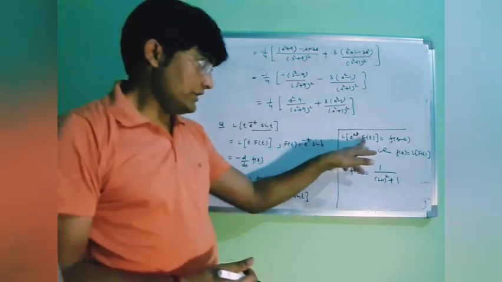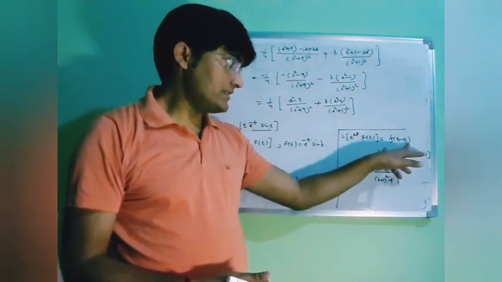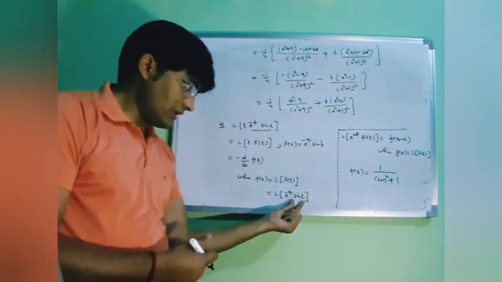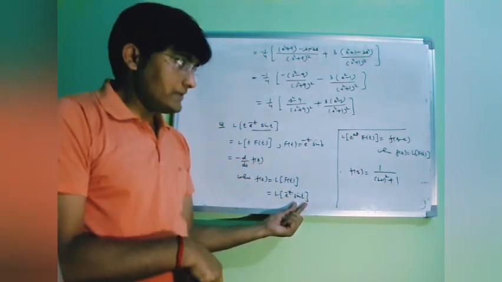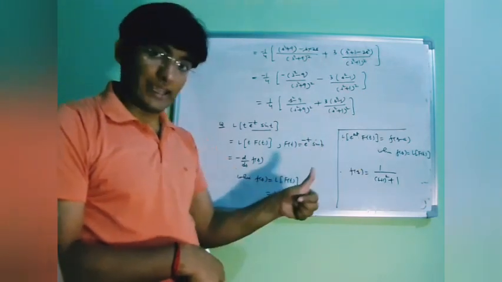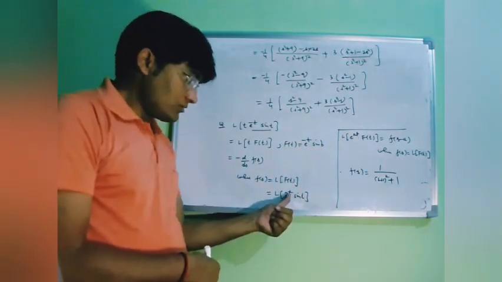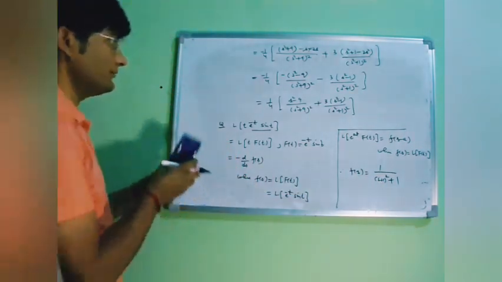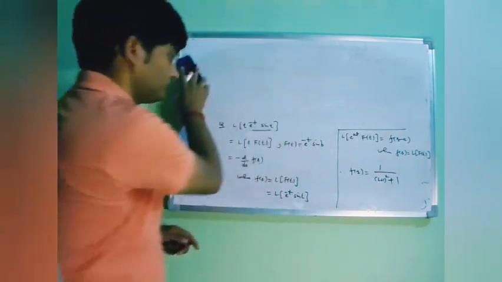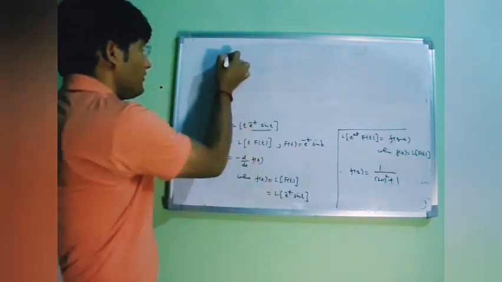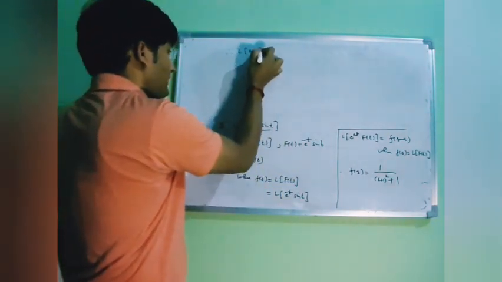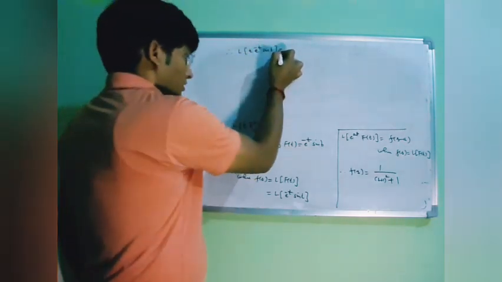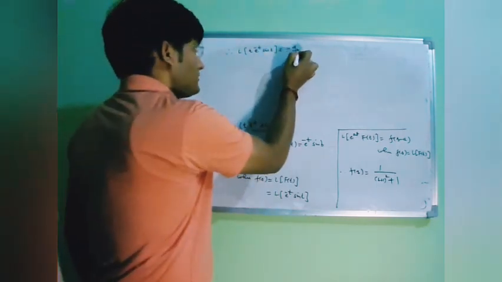Laplace of e to the power at f(t) is equal to F(s minus a). That means in the Laplace of sin t, our s will be replaced by s minus a. In our case, a is minus 1, so our s will be replaced by s plus 1. So our Laplace of t e to the power minus t sin t is equal to minus d by ds of F(s).